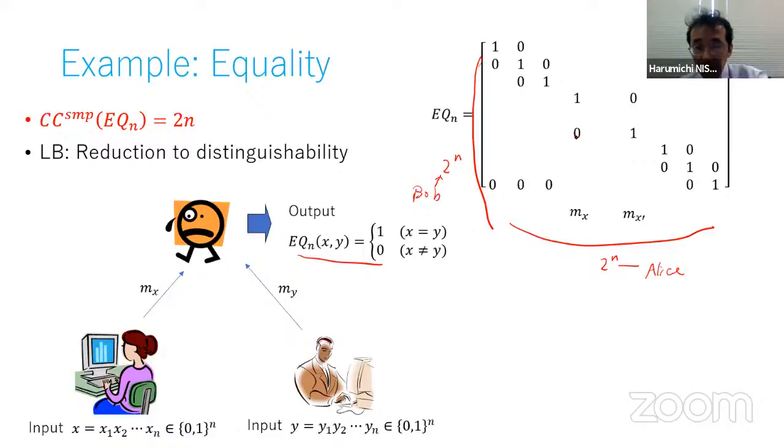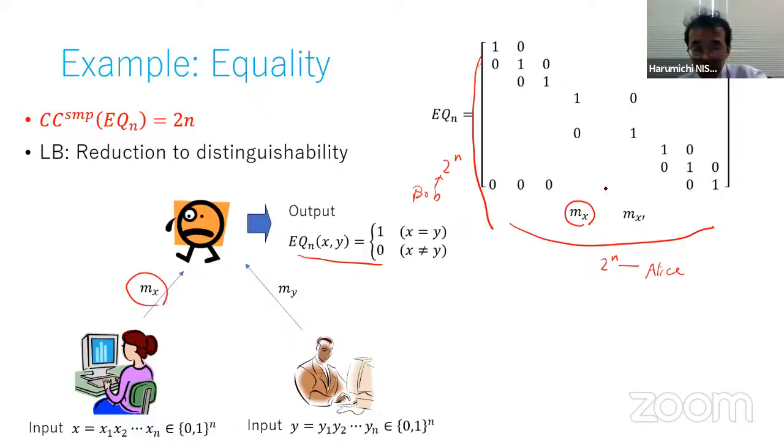Now this component, EQ(x,y), equals 1 if x equals y, and 0 otherwise. So the matrix is like this, a diagonal unit matrix. Now we consider that if Alice's message is m_x, then she sends m_x.